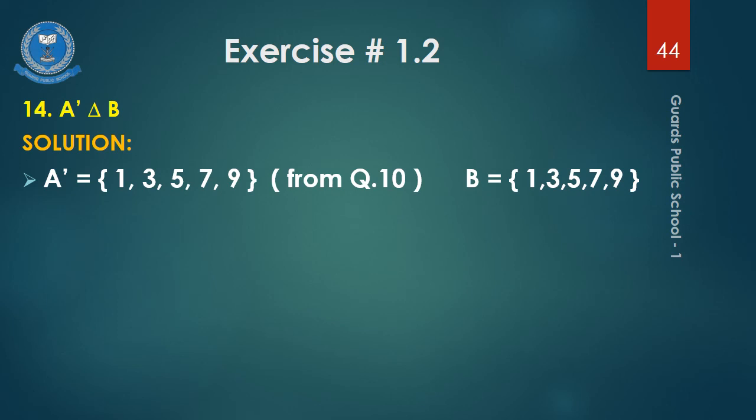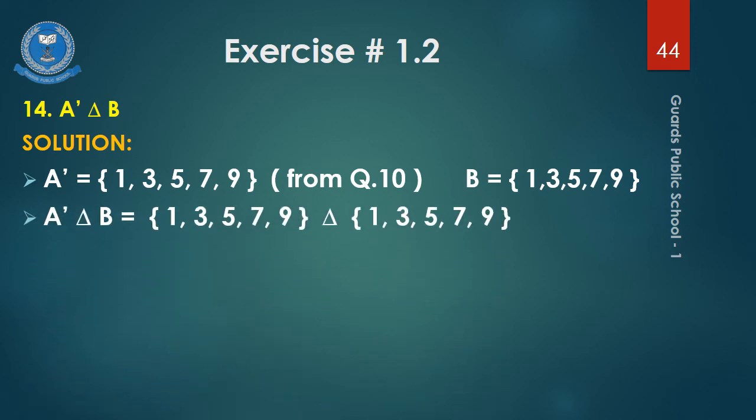For finding symmetric difference, write down A complement symmetric difference B is equal to, list all the members of A complement, then the sign of symmetric difference and all the members of set B. In symmetric difference, we do not write common members. We only mention non-common members of the two sets. But if you pay attention here, all the members of set A complement are common to all the members of set B. It means there is not a single uncommon or non-common member.